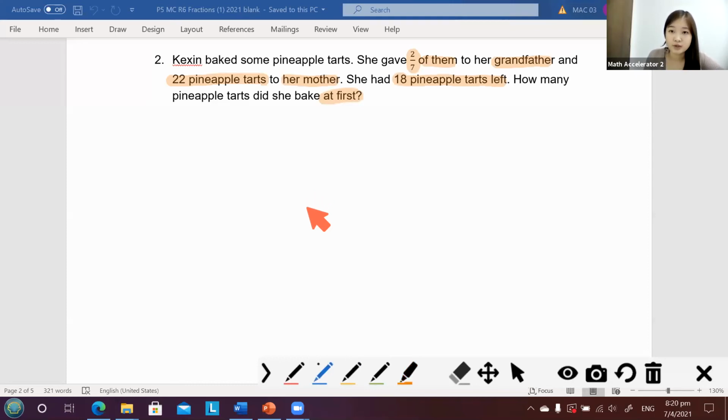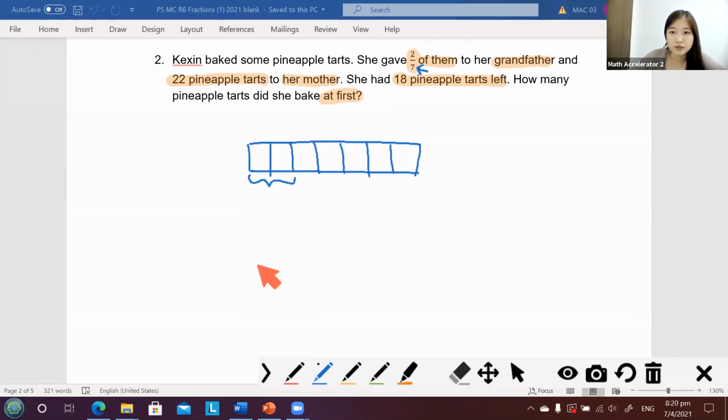So we can draw a model for this. 2/7 of them. Looking at the denominator, we know that in total she should have 7 units. So let's draw 7 units, and 2 out of the 7 will be for grandfather.